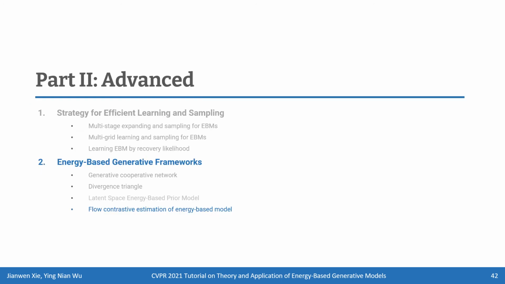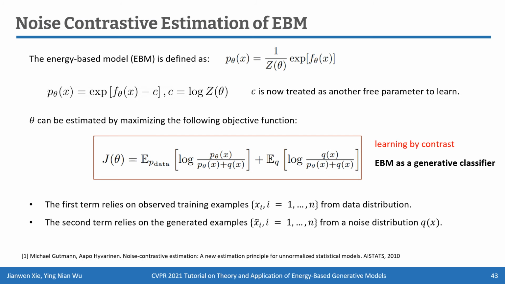We now move to the last part, which emphasizes discriminative learning without MCMC. We start from noise contrastive estimation of EBM. Again, we want to learn such an energy-based model. This time we use P of theta to denote the energy-based model, just like our earlier notation.